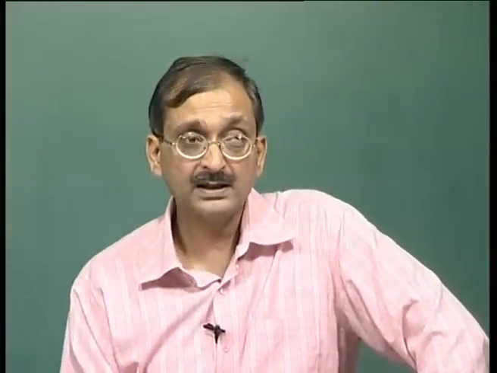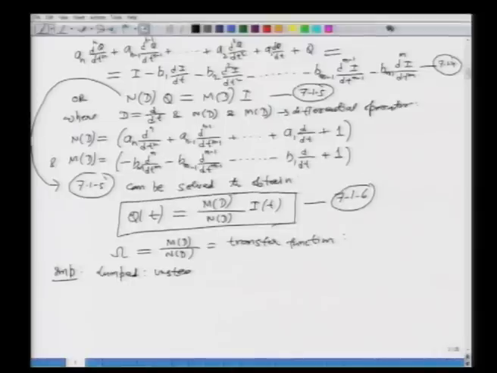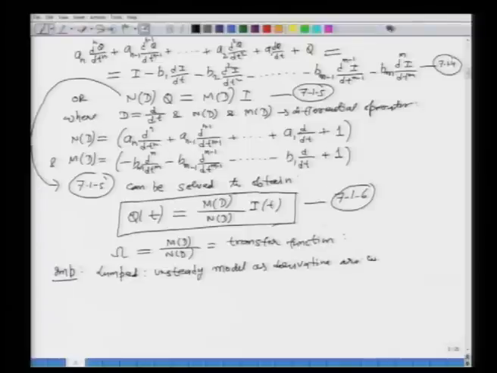So we are saying that this is a lumped and unsteady model, as the derivatives which are taken are with respect to time only. And equation 7.1.6 is the solution, or represents the solution, of a linear system.